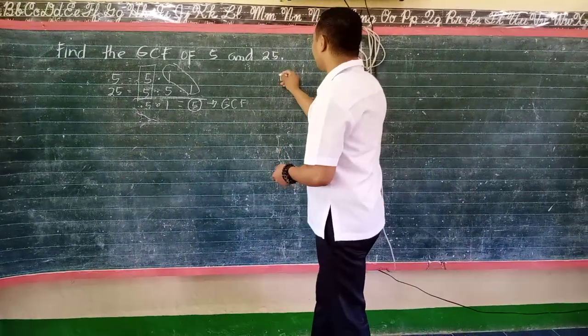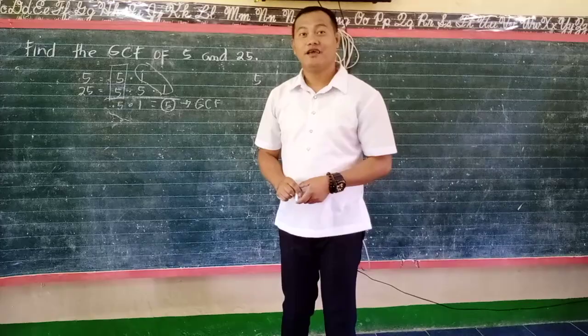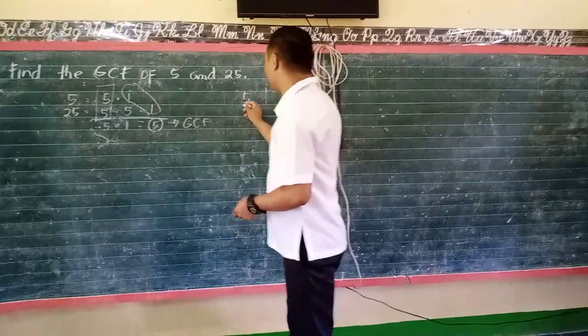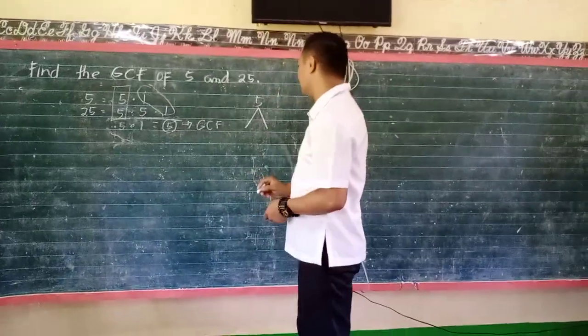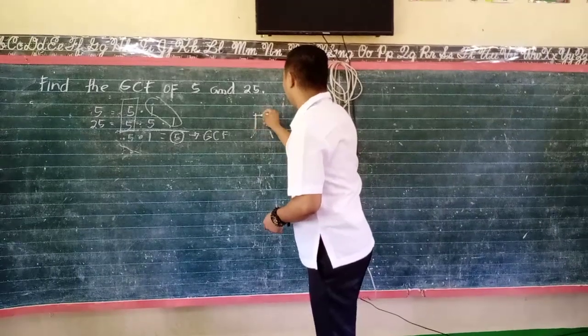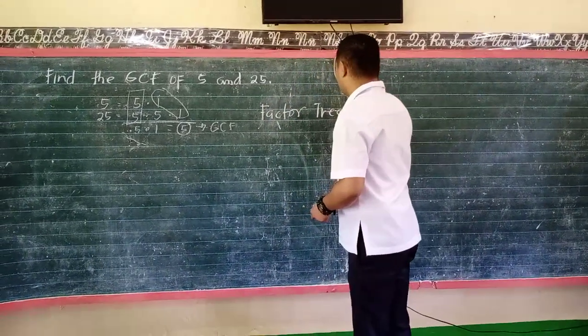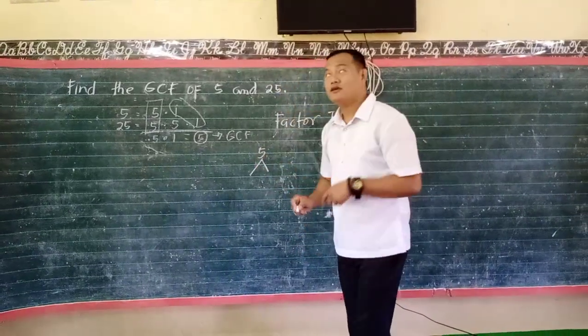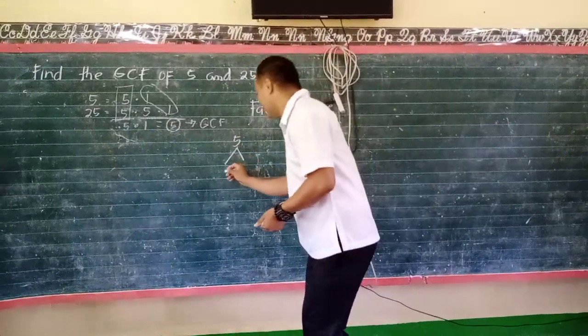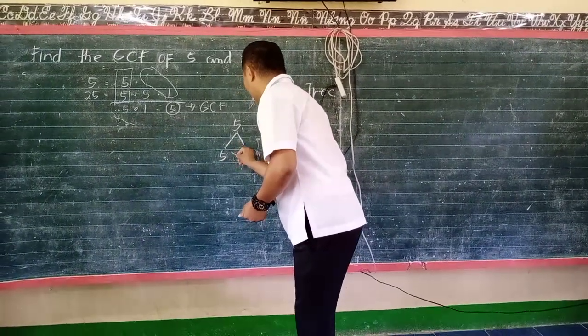Okay, so let's find the factors of 5 using the factor tree. So we have factors of 5. We have, very good, that is 5 and 1.